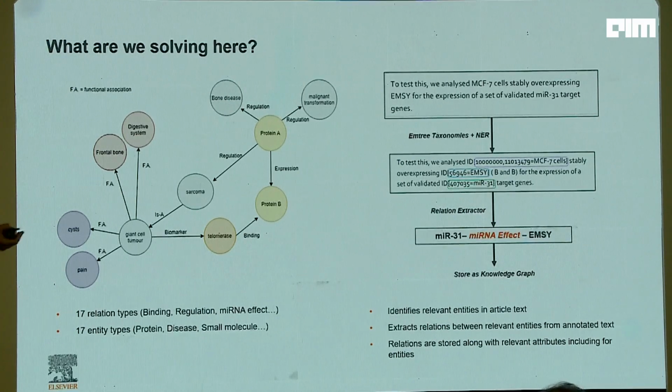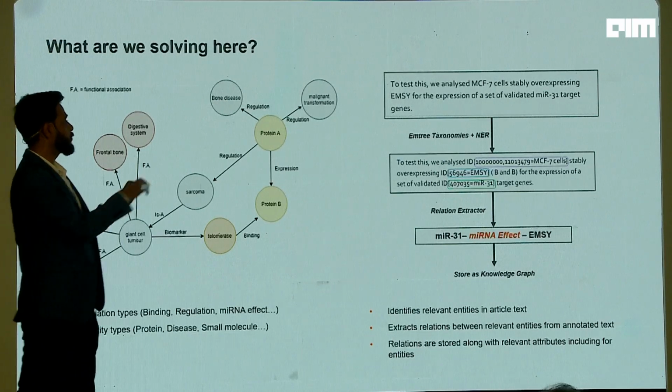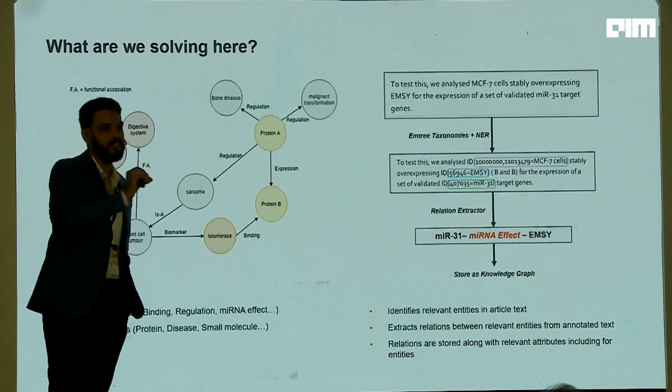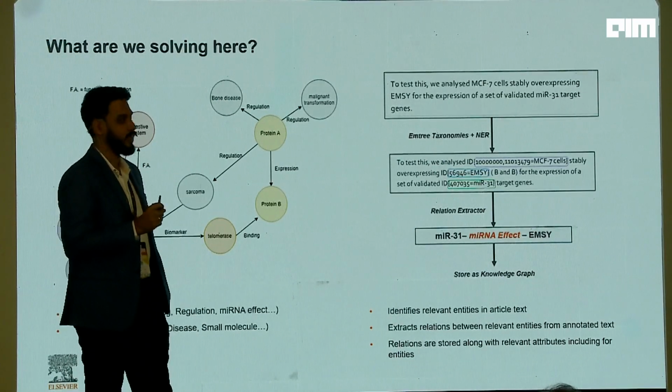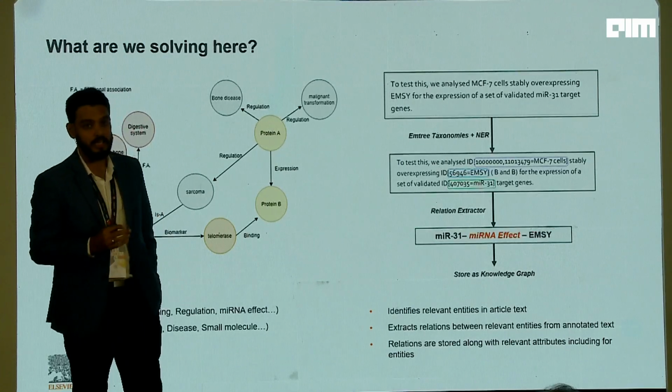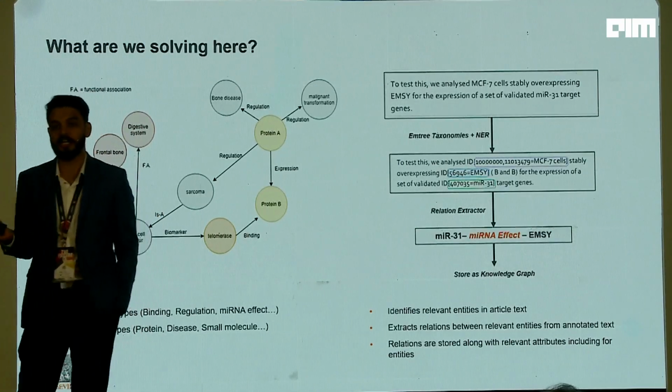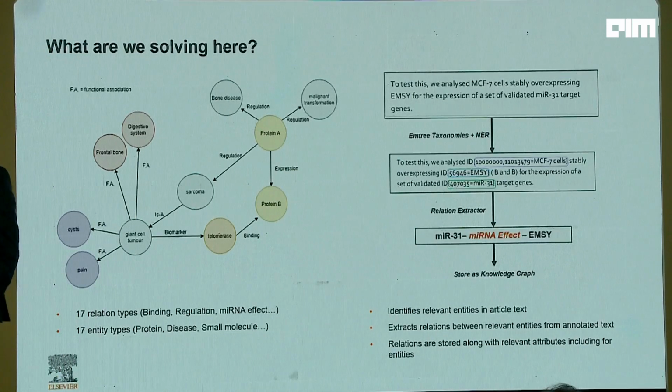From an NLP's perspective, on the top right side, we have an extracted sentence from an article which goes into our NER process, which is supported by our M-tree taxonomies. And we find these entities in these sentences. Then we pass it through our relation extractor model.